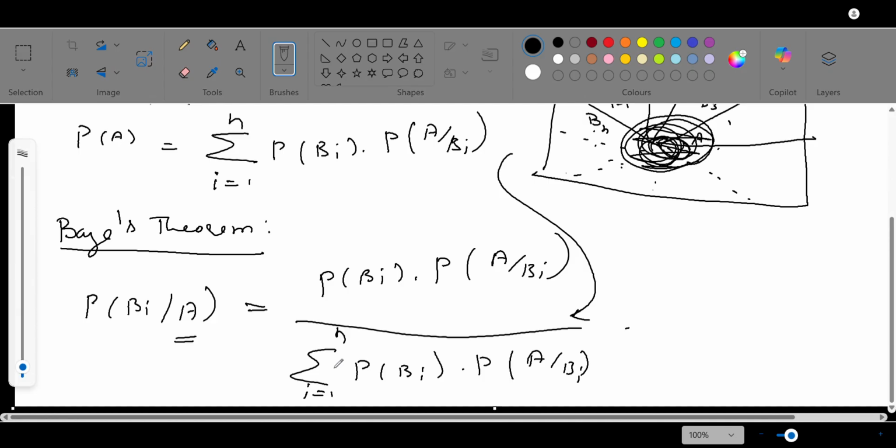For this, I take an event: let D be the event which denotes the defective bolt.